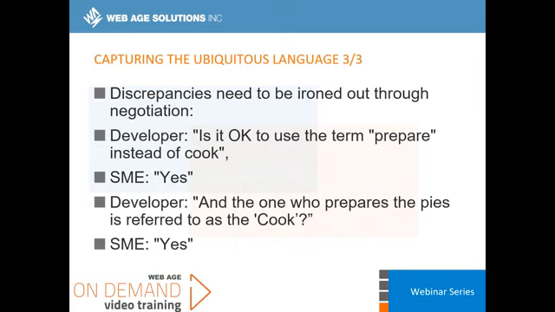The documentation could be as simple as a glossary, a dictionary kind of thing. I like to use some tooling in this respect, rather than simple Word or Excel spreadsheets or something like that.